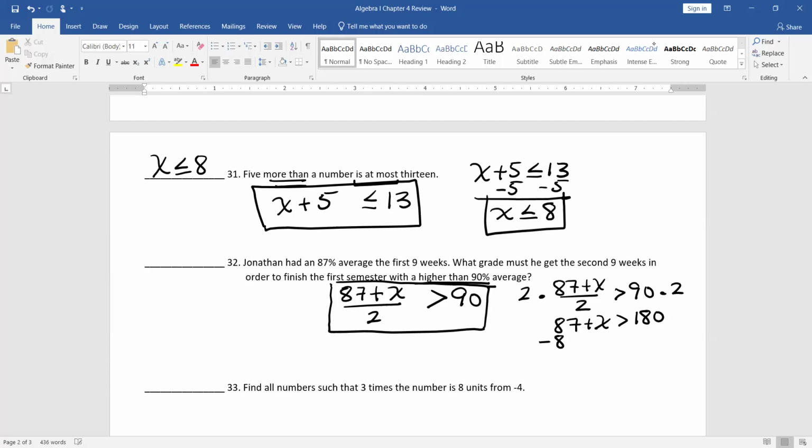We subtract the 87 from both sides, and he needs to get a total grade greater than 93. So his grade for the second 9 weeks needs to be greater than 93 percent in order for him to get greater than 90.